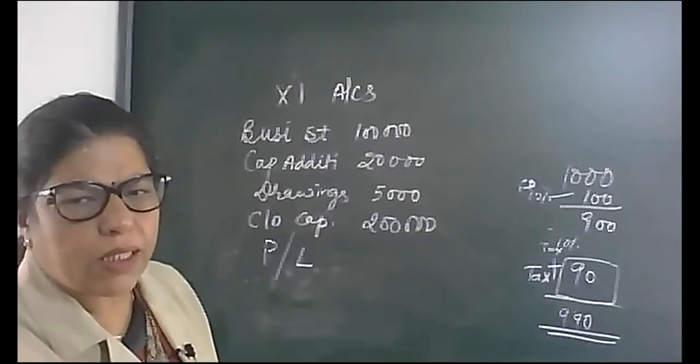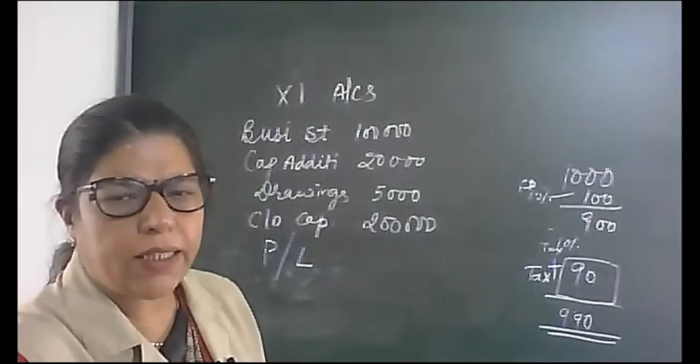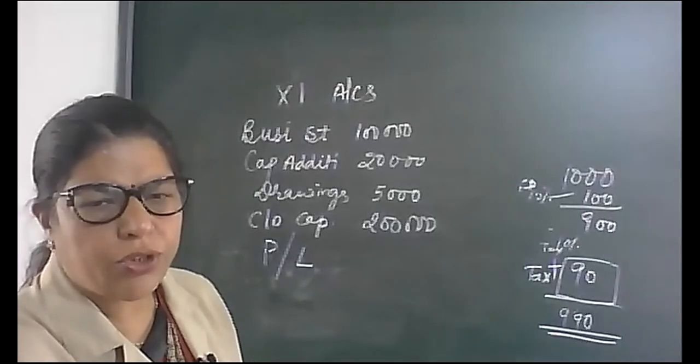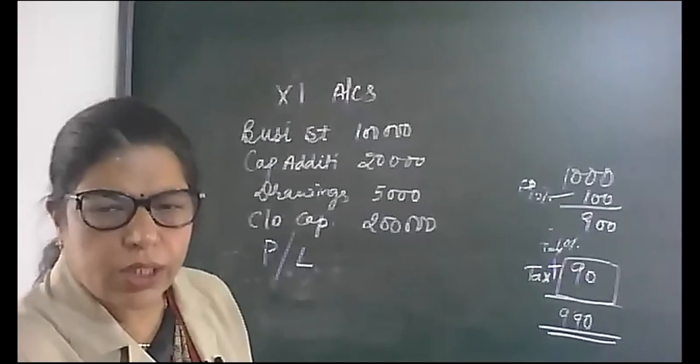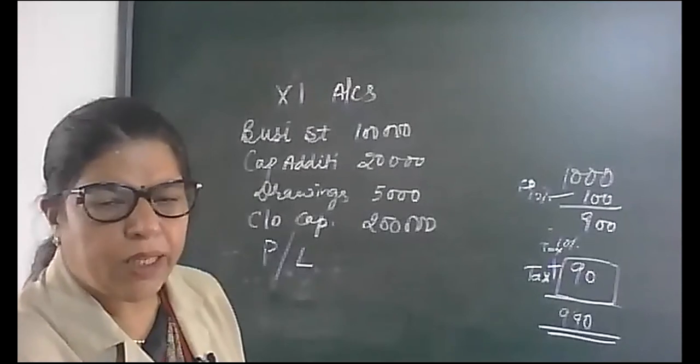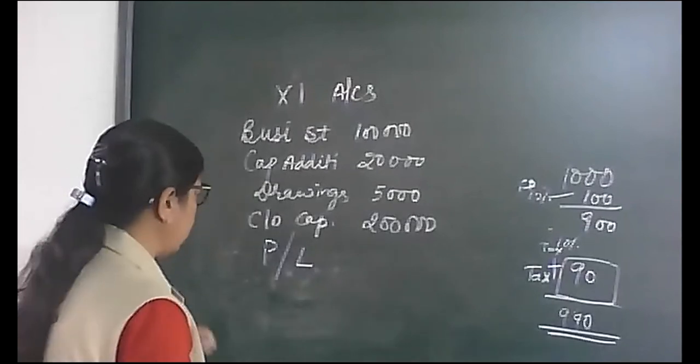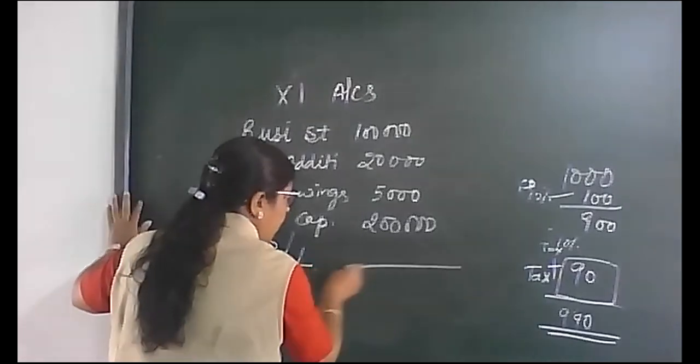Yes, business started with 1 lakh rupees, additional capital 20,000, drawings 5,000, closing capital 2 lakh. What will be the amount of profit or loss? See, simple.